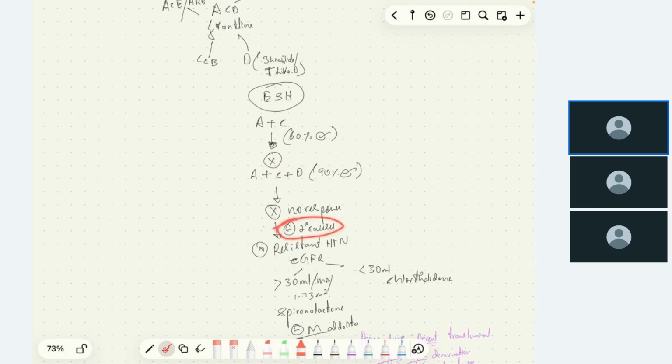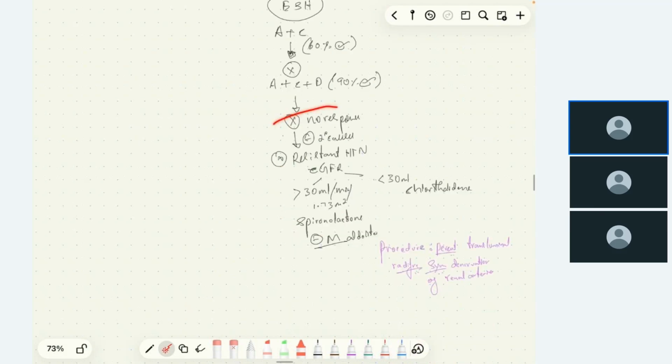The patient may have reversible secondary causes. If there is no response to 3 drugs, ACD, given at a maximal dose, and there are no other identifiable secondary causes, the patient will be classified as having resistant hypertension. Resistant hypertension is a 3 marker, so please note this.